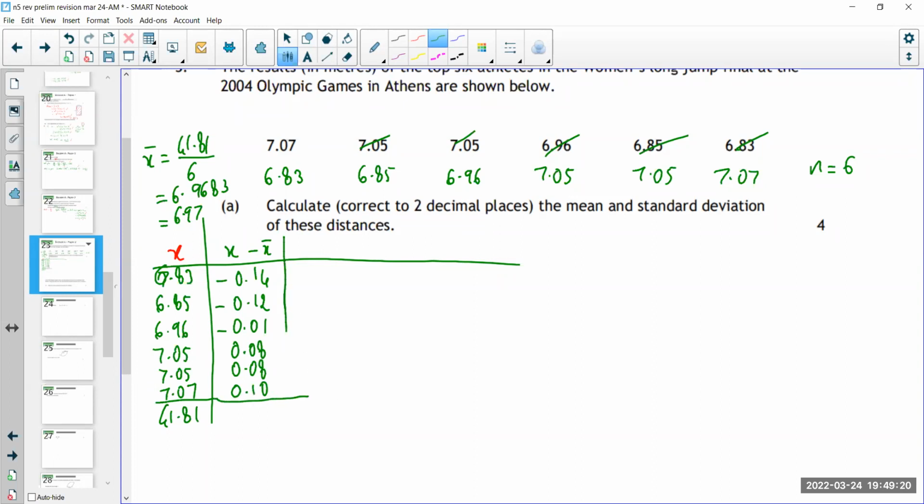Here, you don't have to add them up because remember we had to round the numbers. So it's more like when you don't have to round, you would get a 0. You just need to calculate X minus X bar squared.